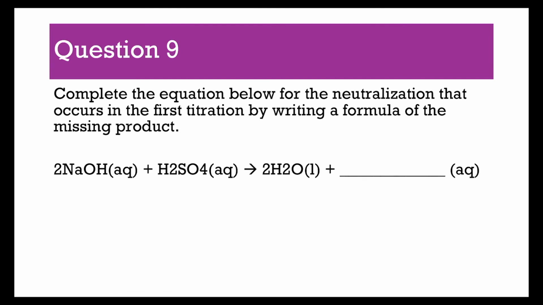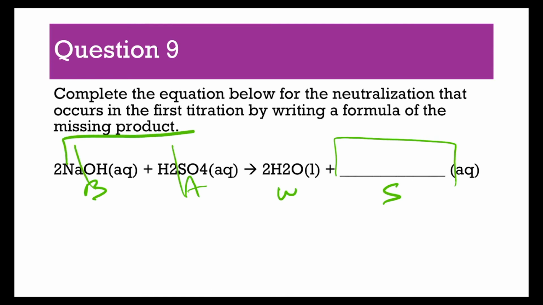This kind of goes back to what we did the other day, and it's asking you what salt, essentially, because this is our base, this is our acid. We have water, and what salt is that? So break up your base, break up your acid. Outside with outside, inside with inside. So your insides give you that water.